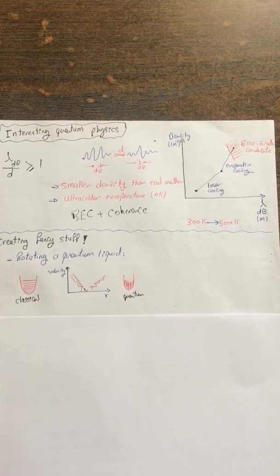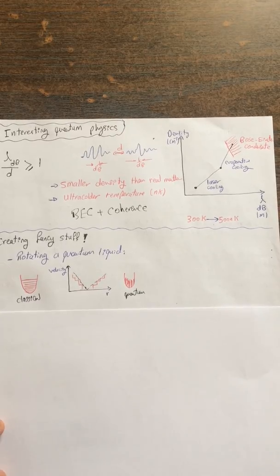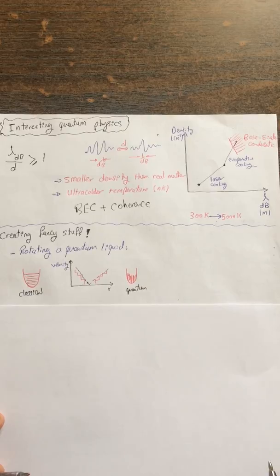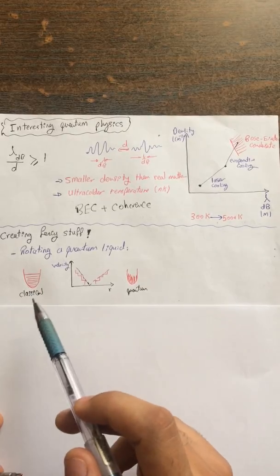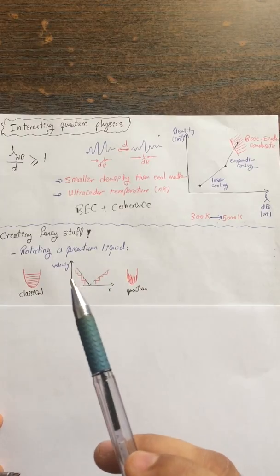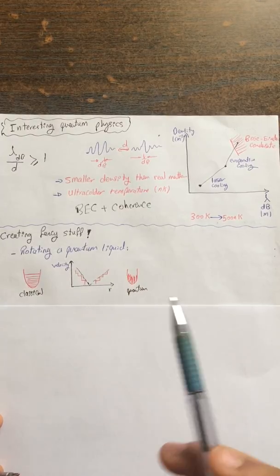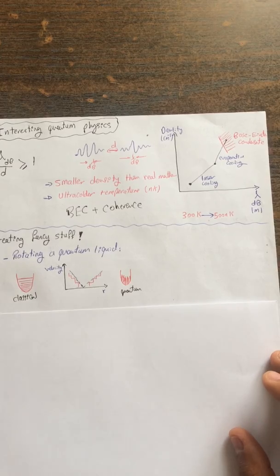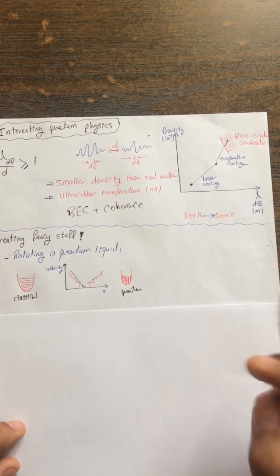You can also do some cool, fancy stuff. If you rotate a quantum liquid in a harmonic trap, for example, you do not see the classical velocity distribution. You just see some quantized effect because of the matter wave.